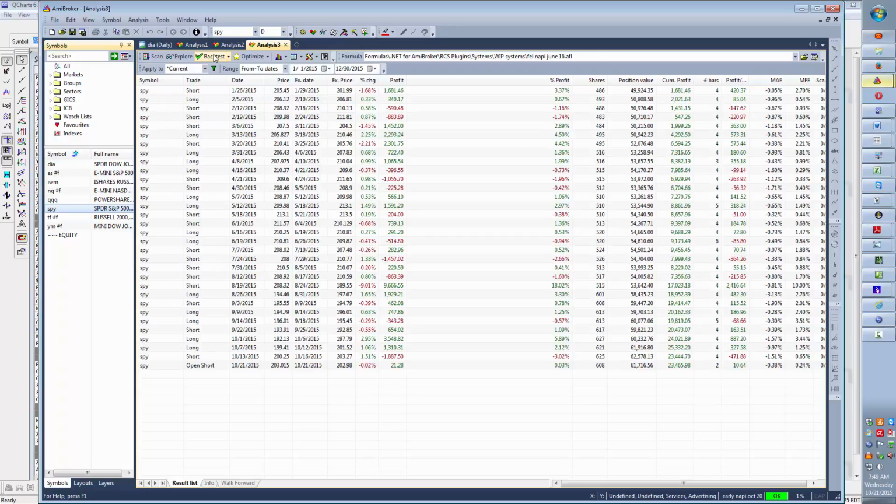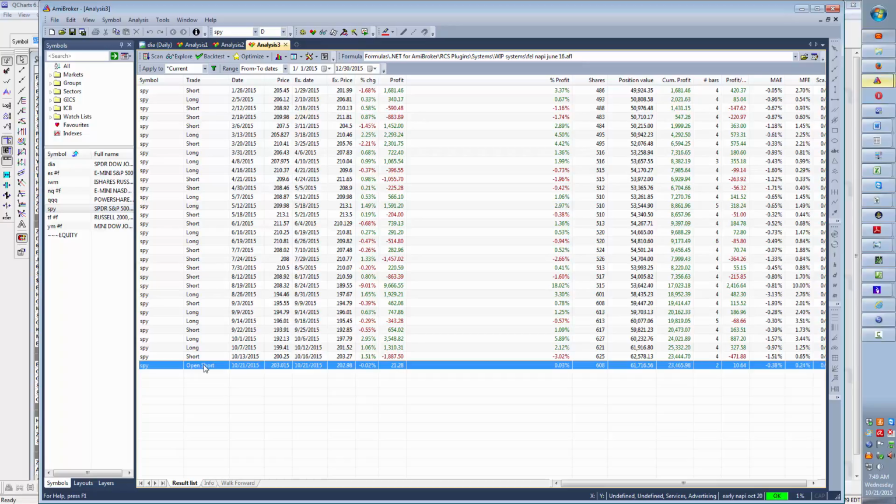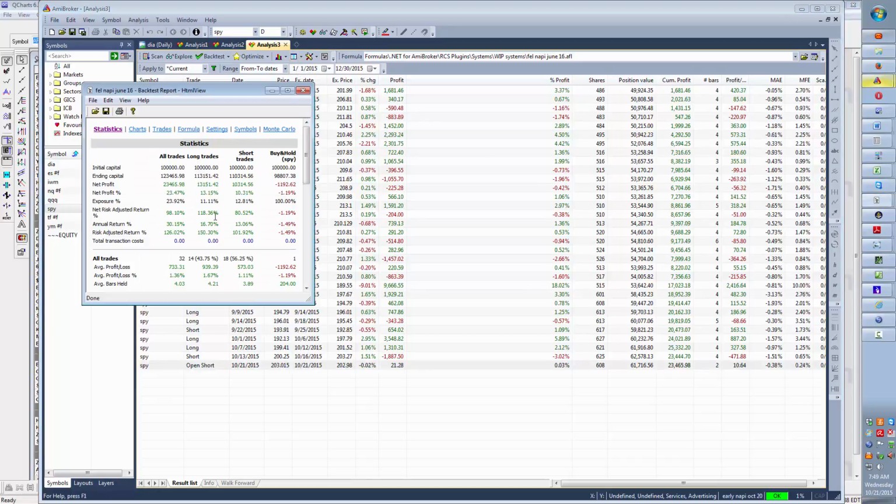Okay, so here's just the last year. And you can even see that right now, on this very day, it has a short position. Okay, and let's take a look and see what the numbers were. Okay, annual return about the same as the other one. That was the combination of the two. And exposure, that means about 23% or 24% of the time the money was actually working.